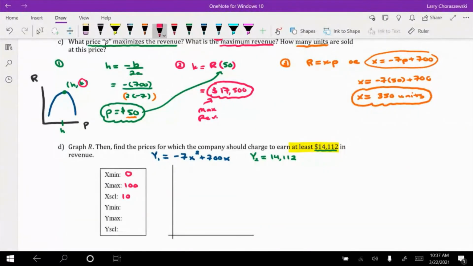Hopefully the revenue is never negative, but it is possible that the revenue is 0. So I'm going to set the Y-min at that value. And then we know that the maximum revenue is 17,500. So for Y max, let's maybe overshoot that a little bit. Maybe do 20,000.